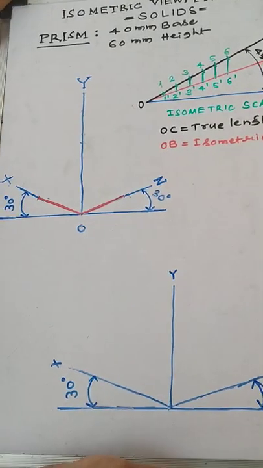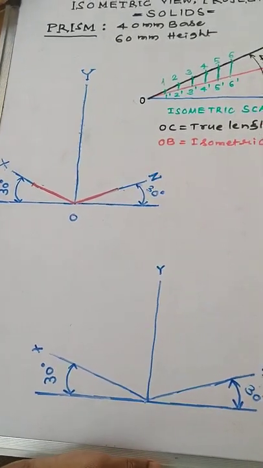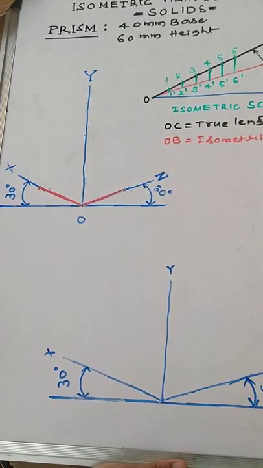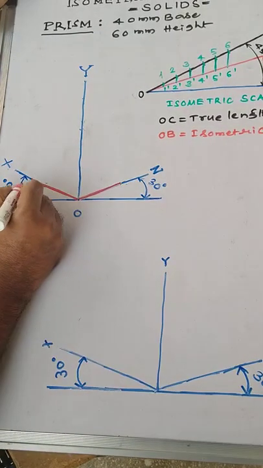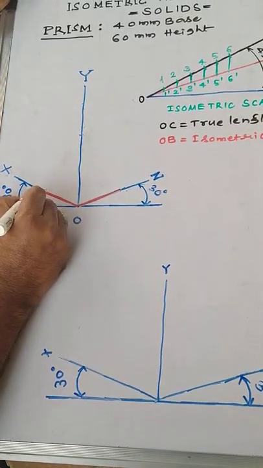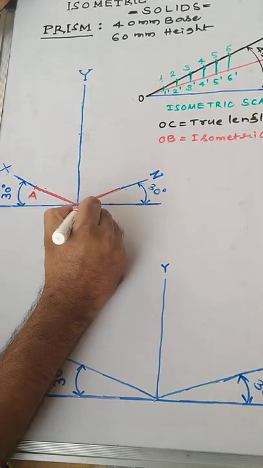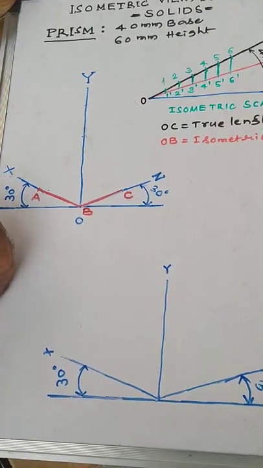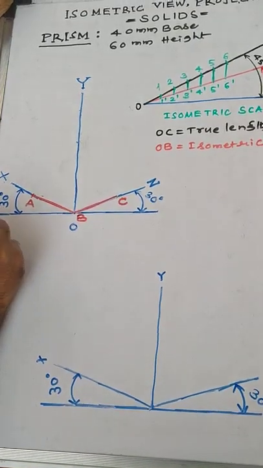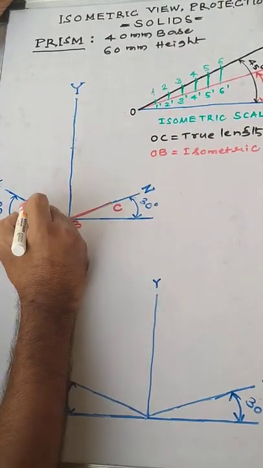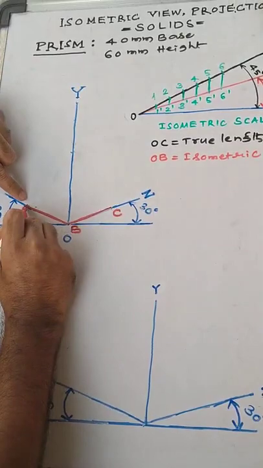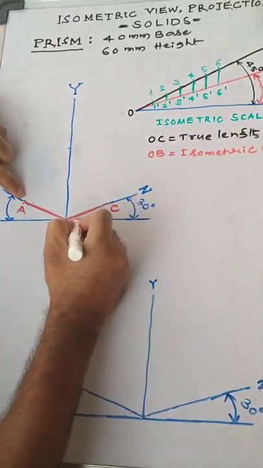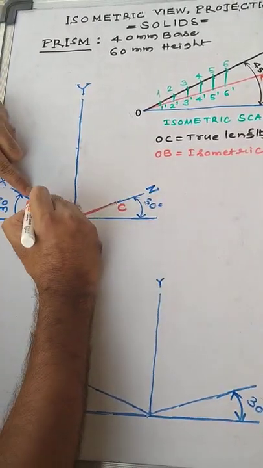Now I am naming this bottom side ABCD: A, B, C. Passing through A point, draw a parallel line to the OZ axis.